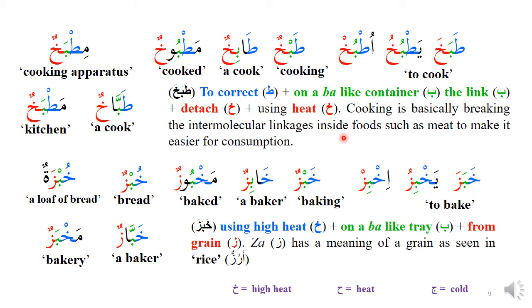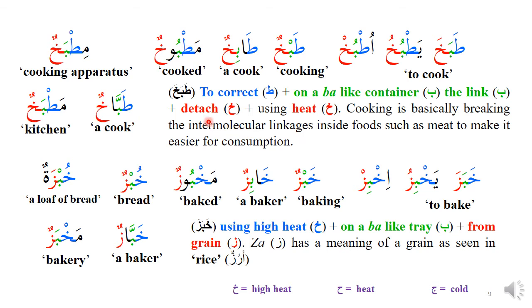So basically cooking is you break the intermolecular linkages so that you can eat it. Intermolecular linkages are broken down so that it's easier for consumption. That's what cooking is about, right? So this is what is pictured here in the word for tabaha.